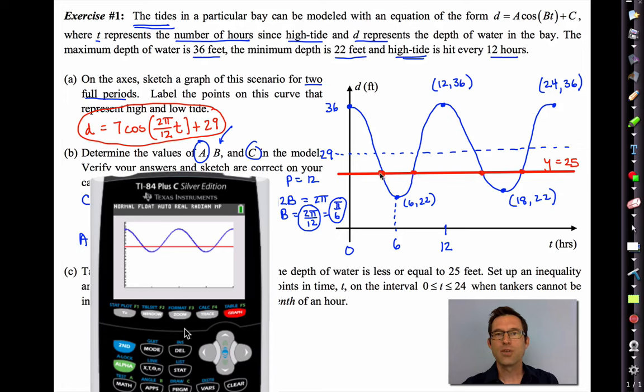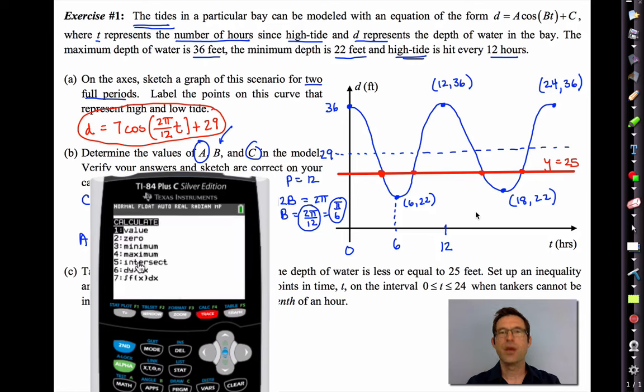All right, let's do one of those together and then have you do the other ones on your own. Okay, let's find the one most to the left. So, reminder about how to find intersection points. Let's go to the calculate menu and choose the option for intersect. Notice the first question it asks me is first curve. Since there's only 2 curves, I can hit enter.